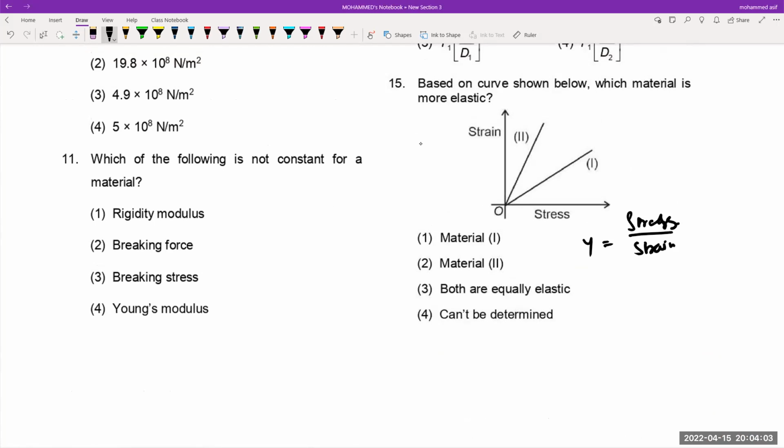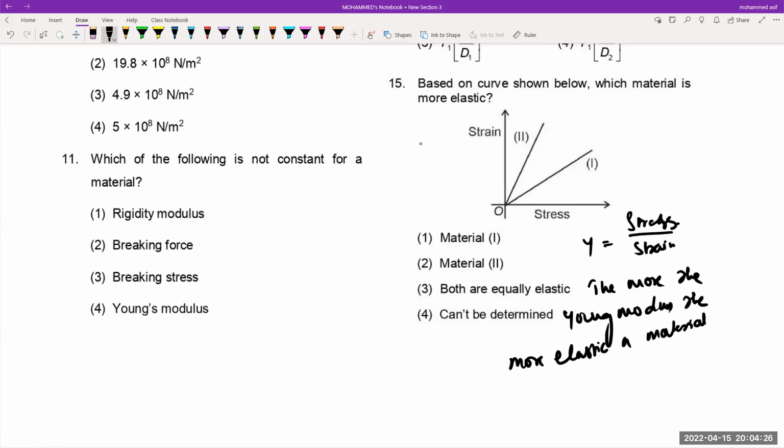So the more the Young's modulus, the more elastic the material will be. Clear, beta? So from the given figure I can write.